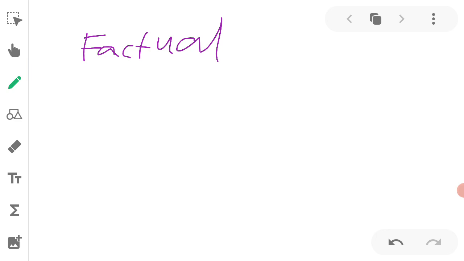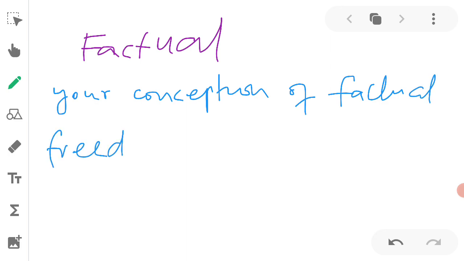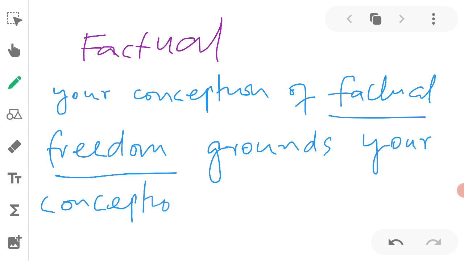Because in a sense, your conception of factual freedom grounds your conception of normative freedom.